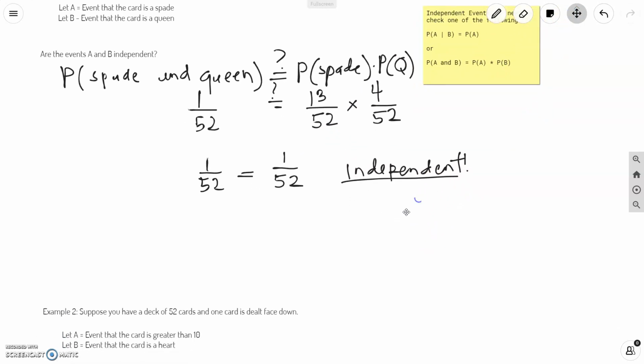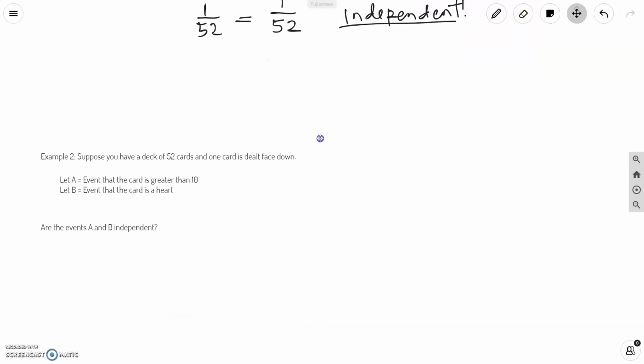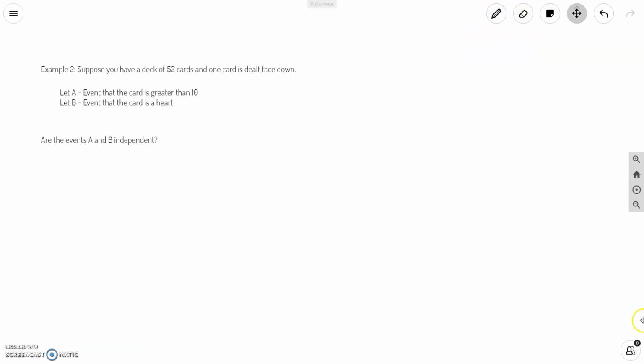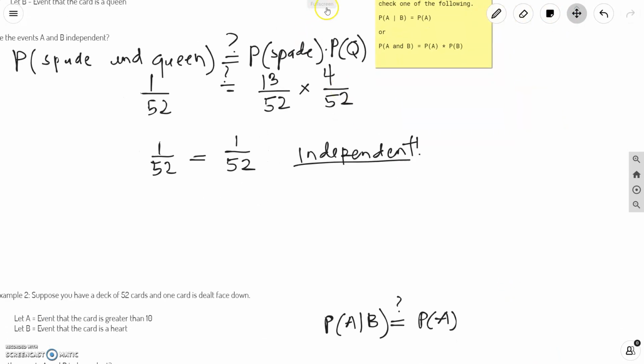So in this next example right here, let me quickly write down what we want to check. The method we want to check is P of A given B equal to P of A? This is just what we get from the sticky note.